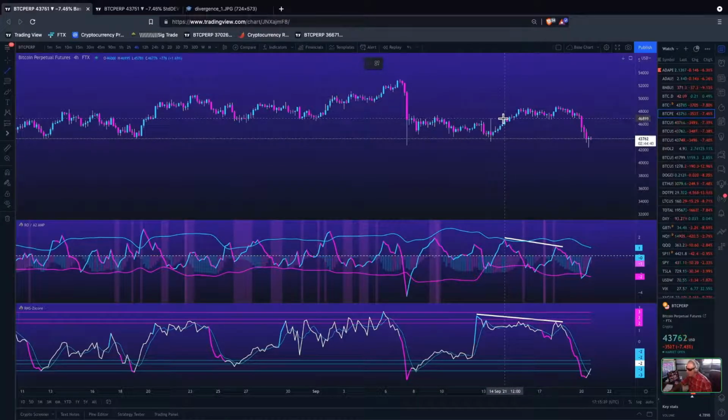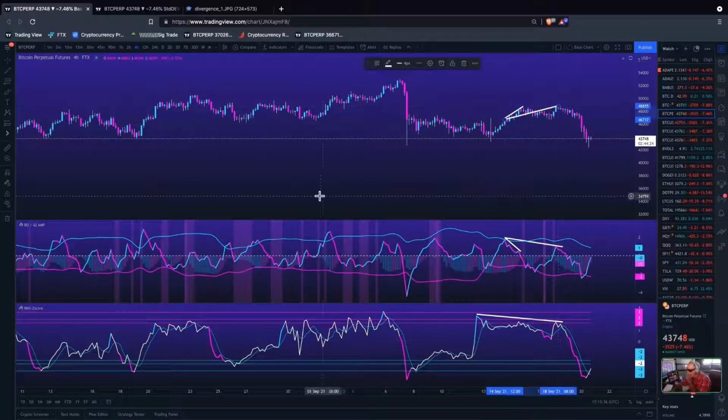That was from that high right to there. Boom. First, we'll start with this one. Show you how this worked out here. Put another line here. And yes, that did play out. Boom. Got another one there.